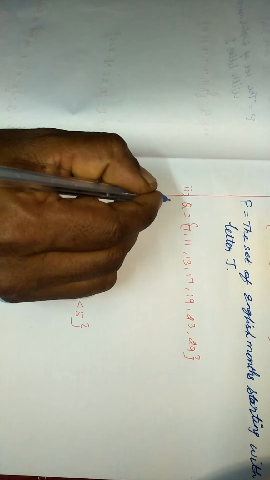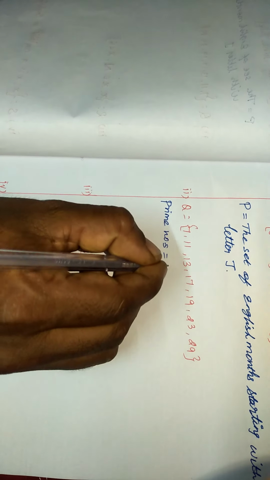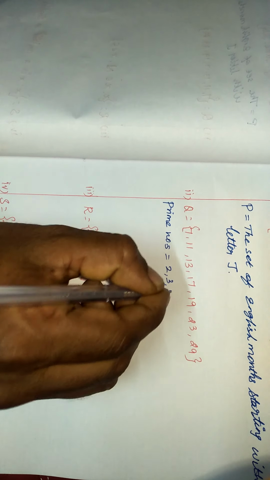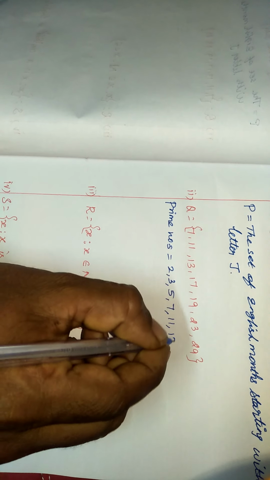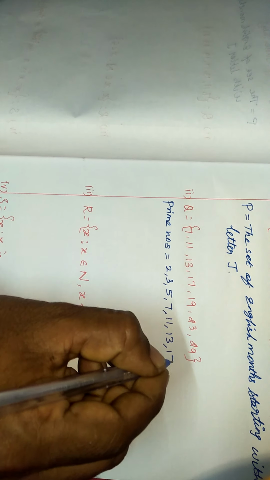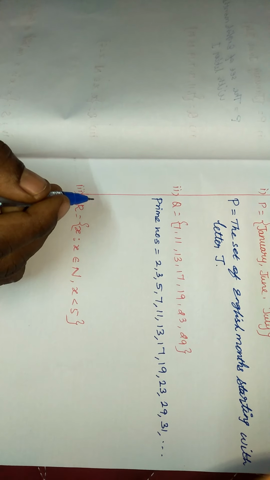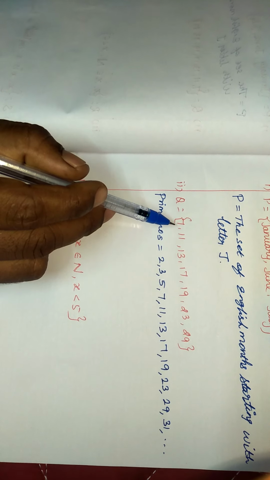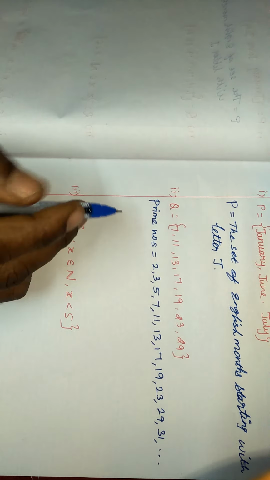So first we can list out all the prime numbers: 2, 3, 5, 7, 11, 13, 17, 19, 23, 29, 31, etc. But here we need only 7 to 29. So here given is 7 to 29.